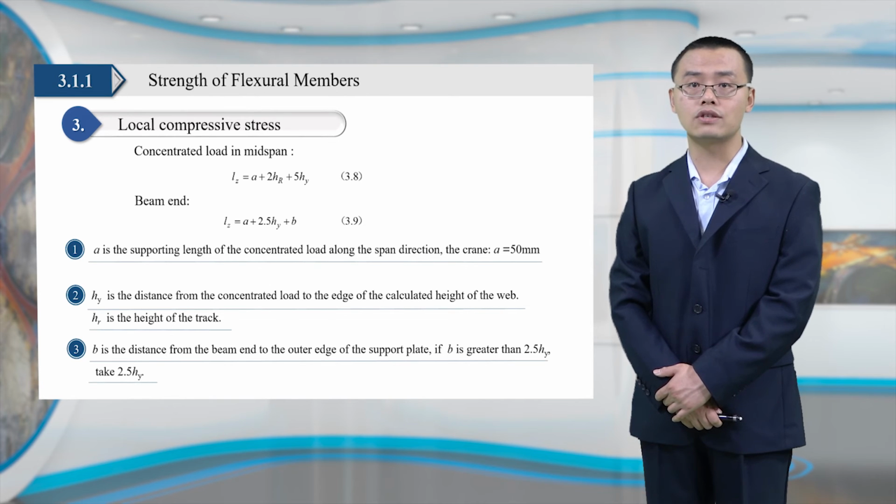Hy is the distance from the concentrated load to the edge of the calculated height of the web. Hr is the height of the track. B is the distance from the beam end to the outer edge of the support plate. If B is greater than 2.5 Hy, then take 2.5 Hy.